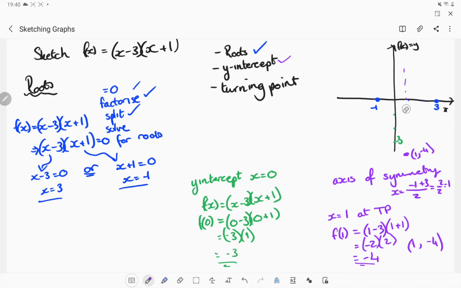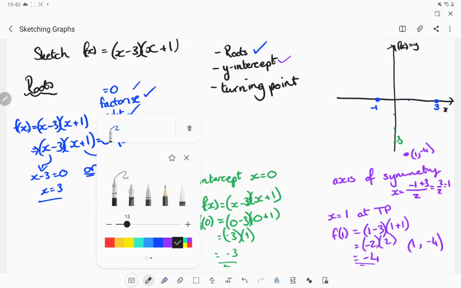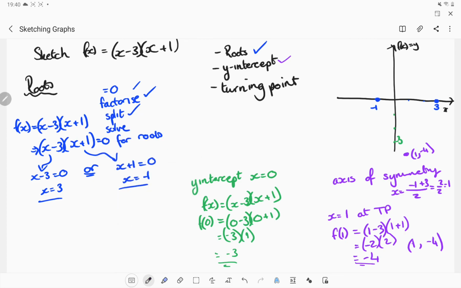So I have marked the important features of this parabola. Nobody could argue that that will not define my parabola. What I need to do is join them together in as graceful a curve as I can. So I want to go through all of those points in my best parabola shape, trying to make it as symmetrical as possible.